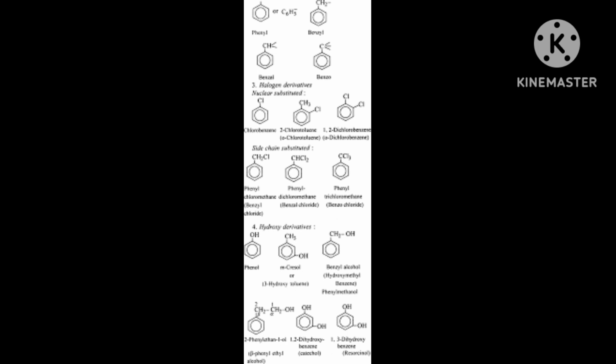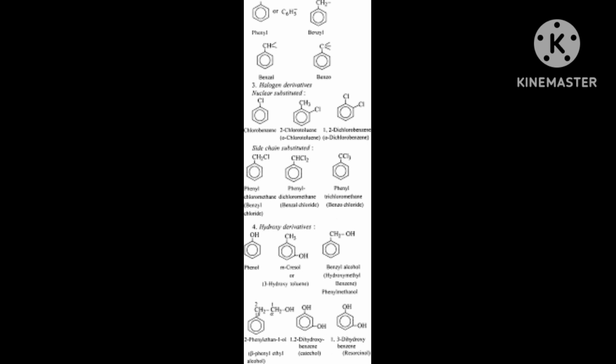Now, this was the mono case, where only one group was attached: one hydrogen went from the benzene ring and in its place one substituent group came.